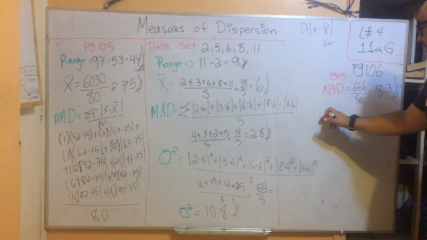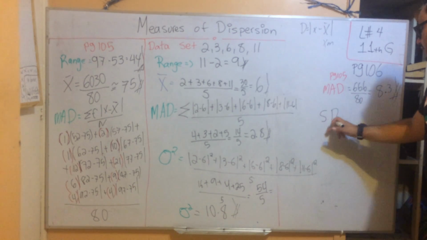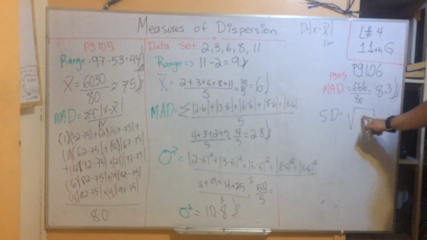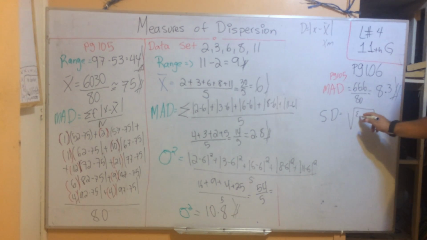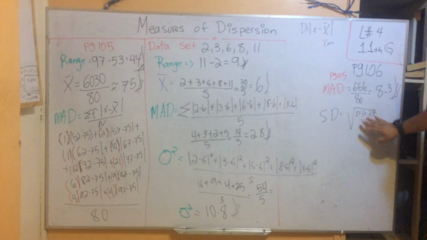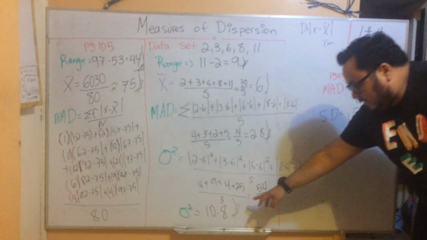Okay, and now we have the standard deviation, which is the square root of the sum of the frequencies divided by n to the square. So we already have this number. It's already here.